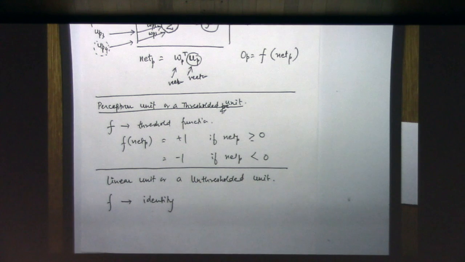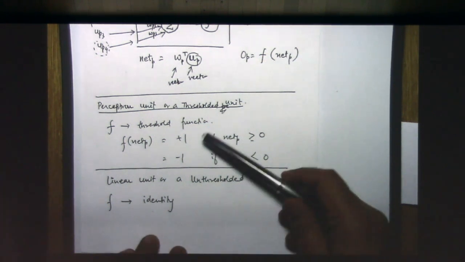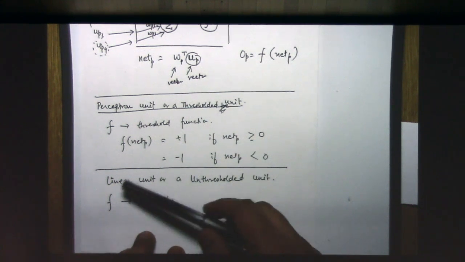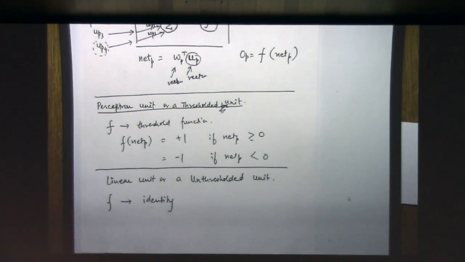To do the prediction, we use the thresholded unit because that gives us the output that we desire. But when we are doing the training for learning those weights W, we always use a linear unit. And there's a reason for that. The reason is that it is easy to compute the gradient for an unthresholded unit.